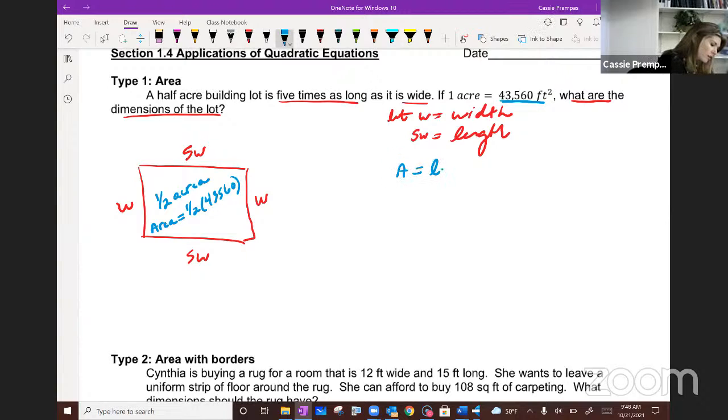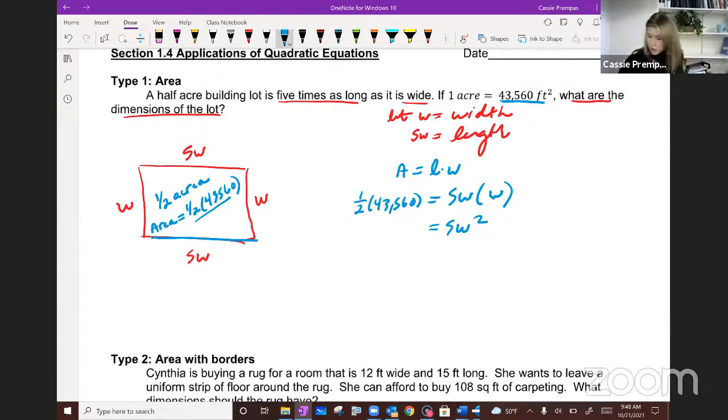So I'm going to go ahead and put that in. So this area, 1/2 of 43,560, is going to equal the length, which we defined as 5W, times the width, which we defined as W. And so 5 times W would be 5W squared.